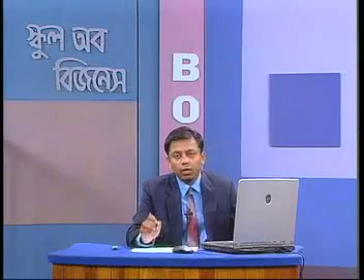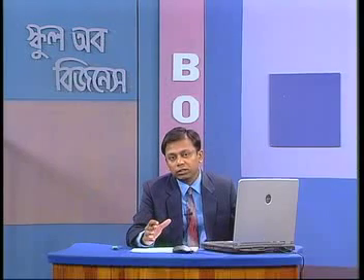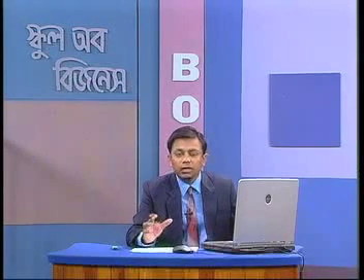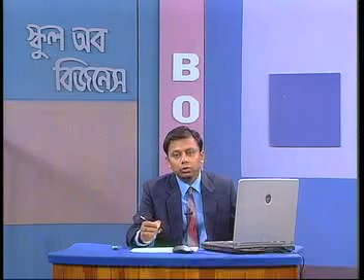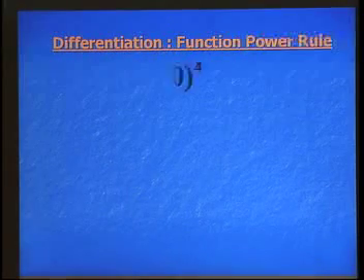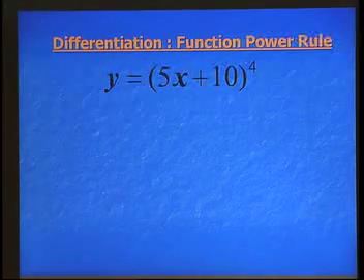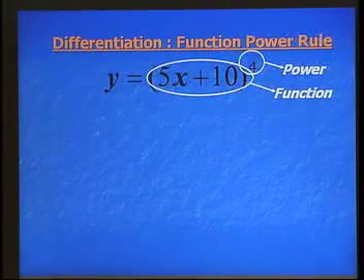So far you came to know about the power function rule of differentiation. Now, in case of any function with power, we have to use the function power rule. Now, you can see on the screen. How can you find the differentiation of a function with power, like y is equal to 5x plus 10 to the power 4?